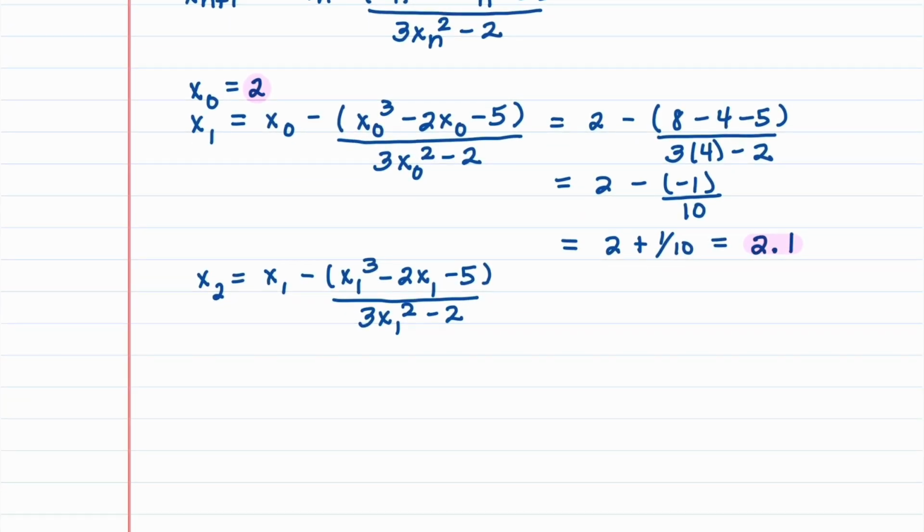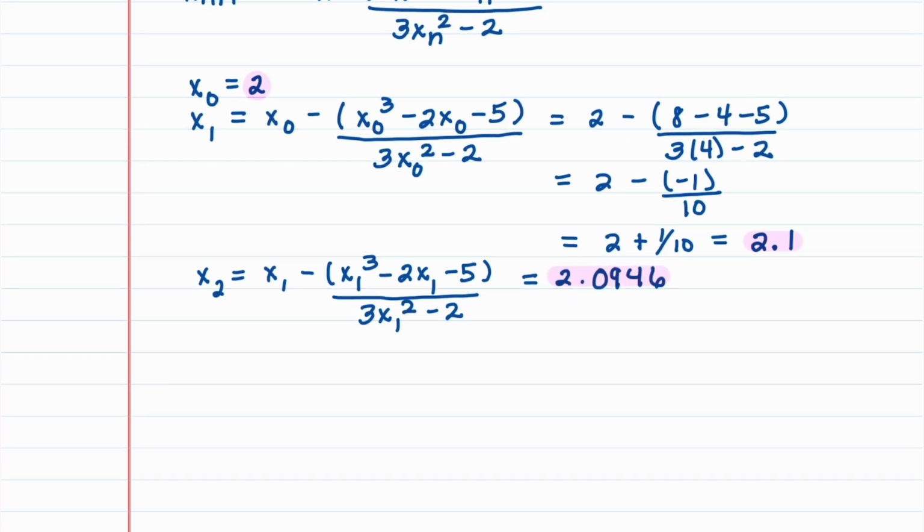Since x1 is a decimal, we're probably going to get a decimal for x2, so I'm not going to plug it in. You have to do this on your calculator instead. And when you do, you end up with an answer of 2.0946. I'm including 4 decimal places because our approximations have to agree to 4 decimal places. x2 and x1 don't agree, so that means we have to keep going, and we need to find x3.